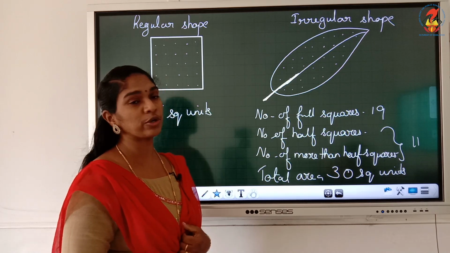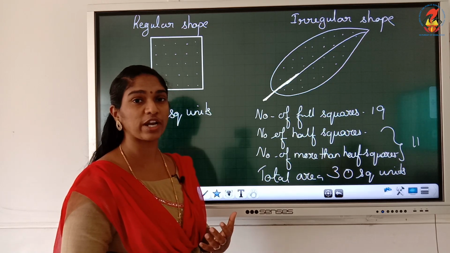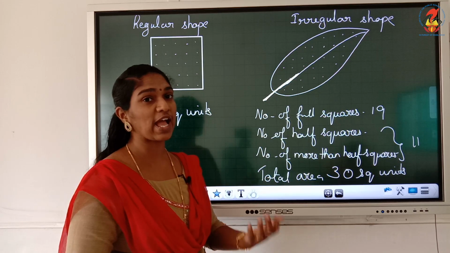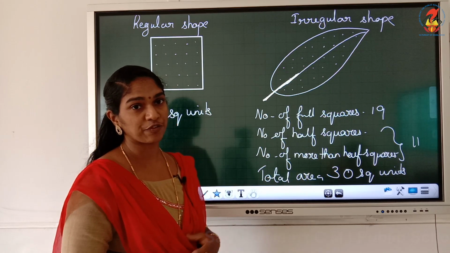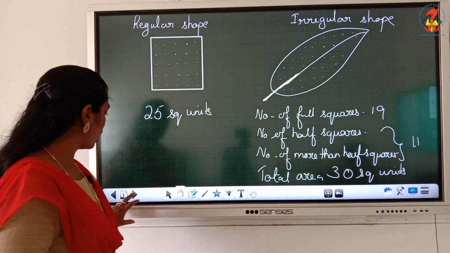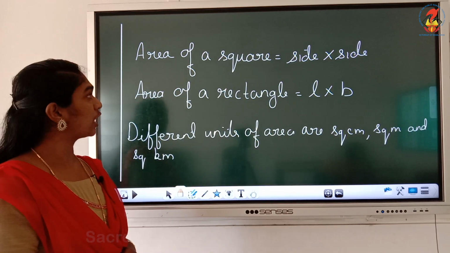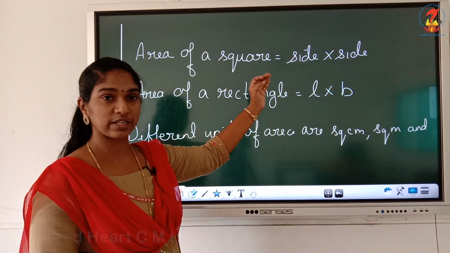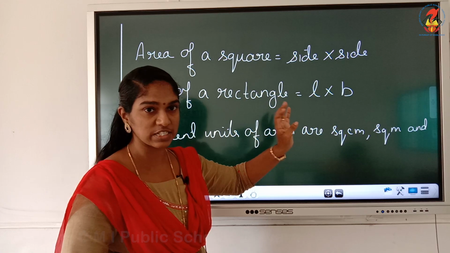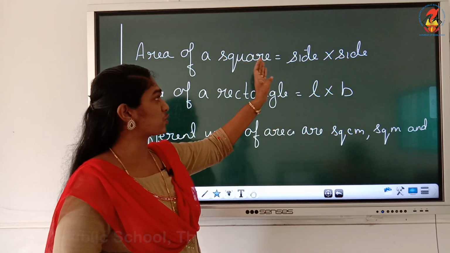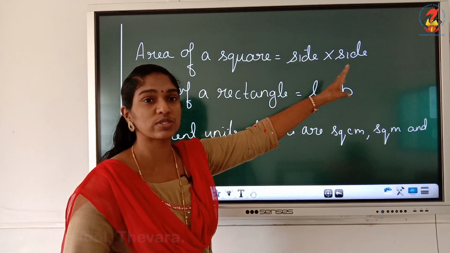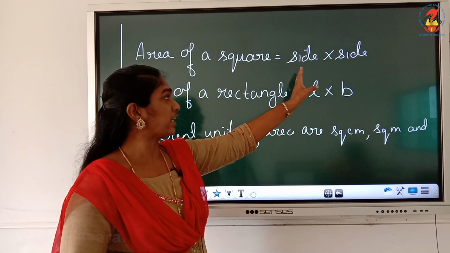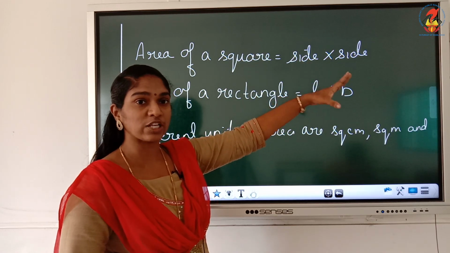Now, what we are going to learn this year is how to find out the area of a square and a rectangle. For that we have a formula. For finding the area of a square, we know a square has 4 sides. To find the area of the square, we do side into side, we multiply the side by the side.